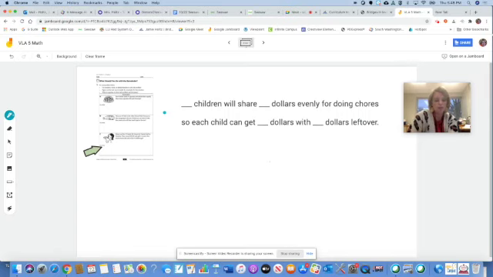If you're trying to share something with 100 people, well, then you might want to use pennies. If we're trying to share something with maybe 10 people, maybe we'd use dimes. So try to use the value of the coins to help you with figuring out the decimals. Keep working hard and remember to show all your work on your workbook page.